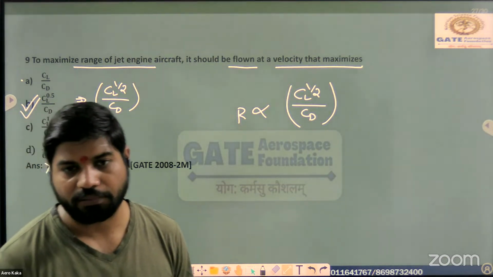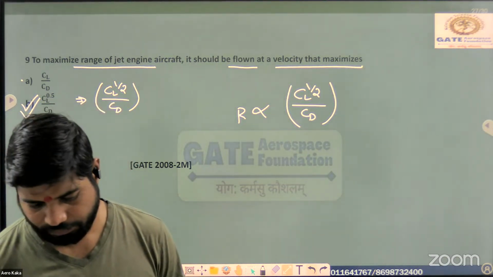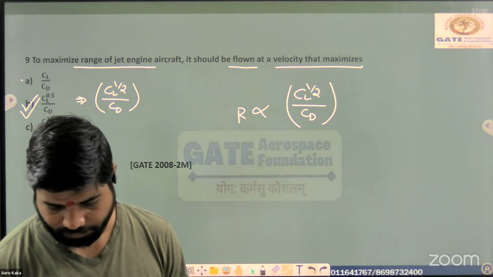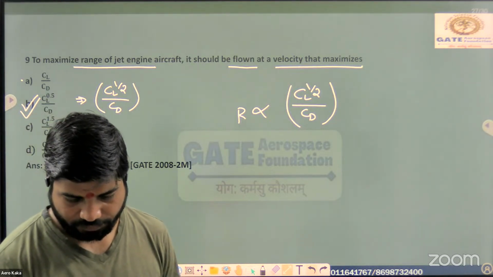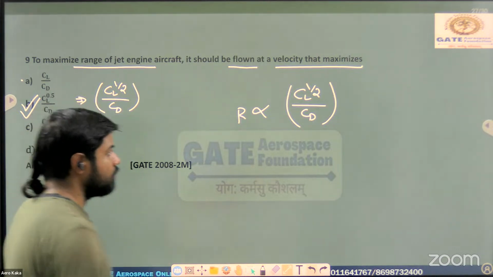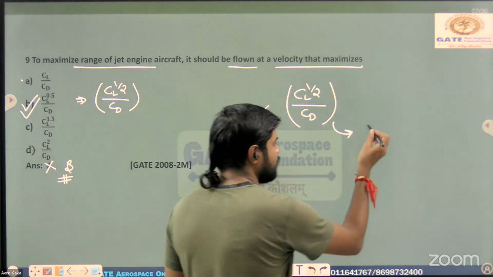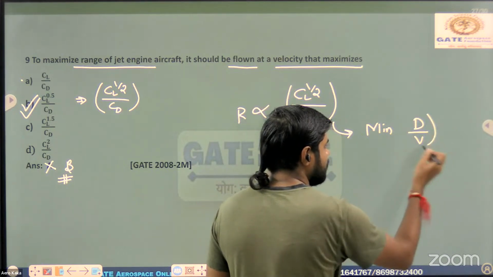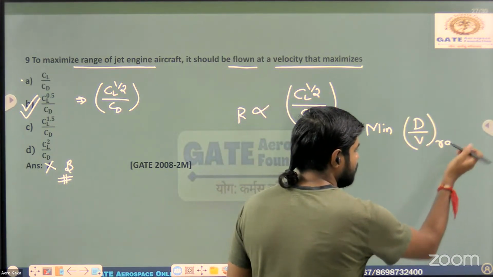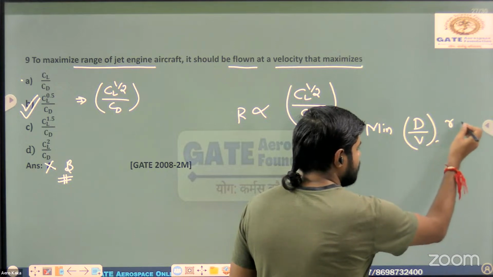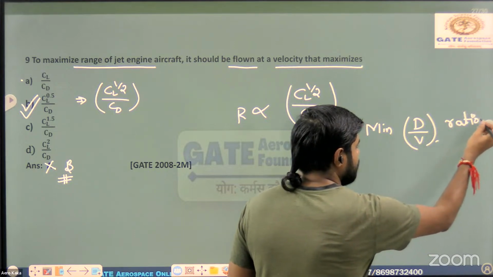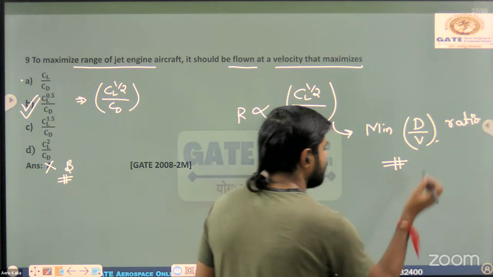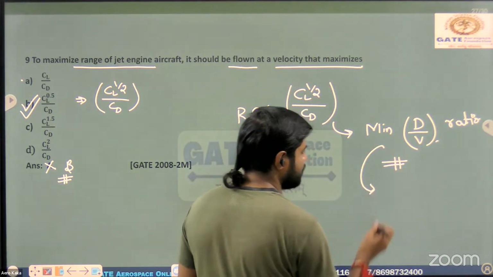Am I audible or not? Which condition is this? This is nothing but the minimum drag by velocity ratio condition.